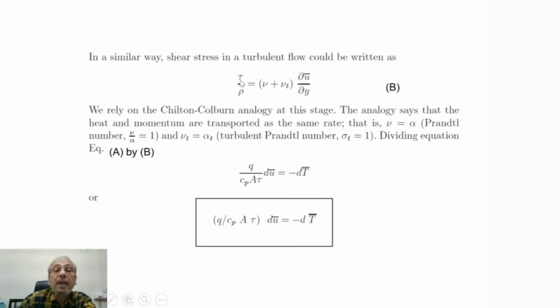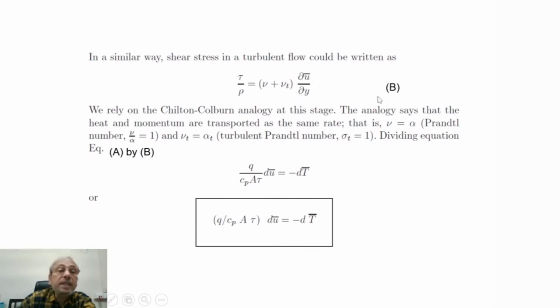That is given by tau by rho, which is again molecular momentum transport, that is kinematic viscosity, plus nu T, which is eddy viscosity, into del U bar del y.